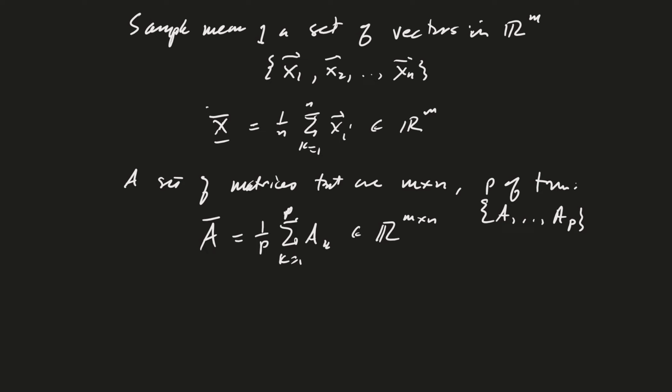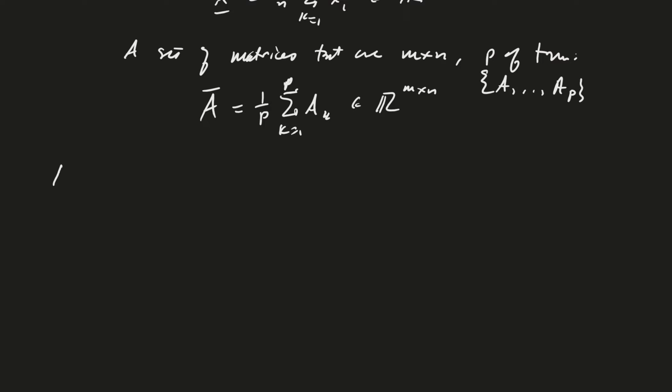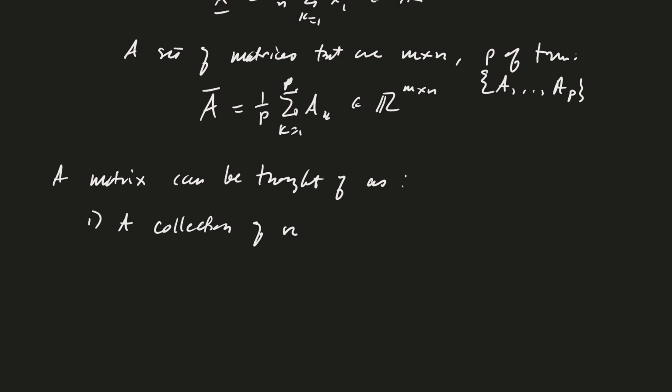All right. So it's interesting to think about a matrix, because a matrix can be thought of as a collection of rows, and so we could find the mean over the rows.